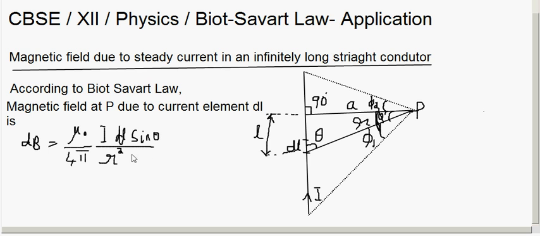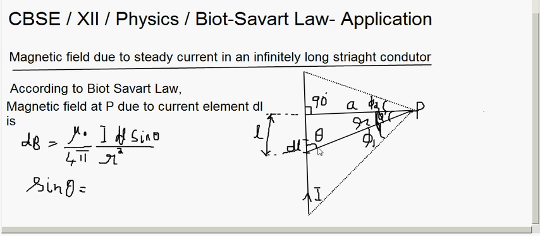For that reason, we will try to write this equation in terms of phi. We replace whatever is possible, like r, dl, sin theta, everything in terms of phi. Now sin theta, from the figure we can write what sin theta is. Sin theta is opposite side divided by hypotenuse.